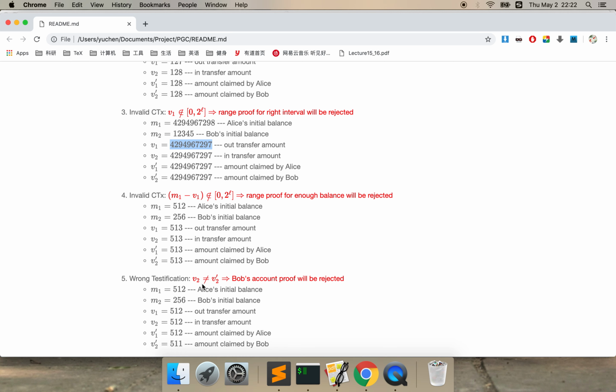So clearly, Bob fails to justify it because it's wrong. That is, V2 differs from V2 prime. The consequence is that Bob's account proof will be rejected.